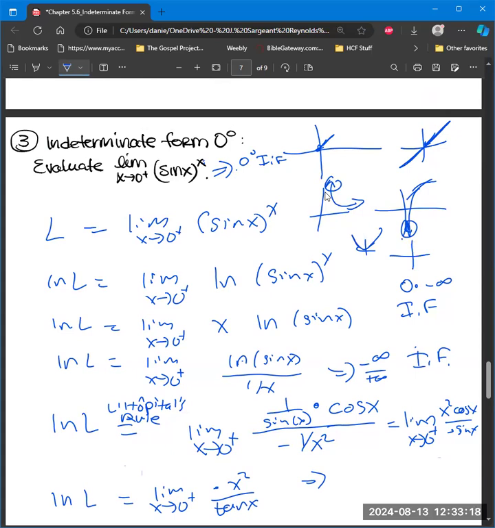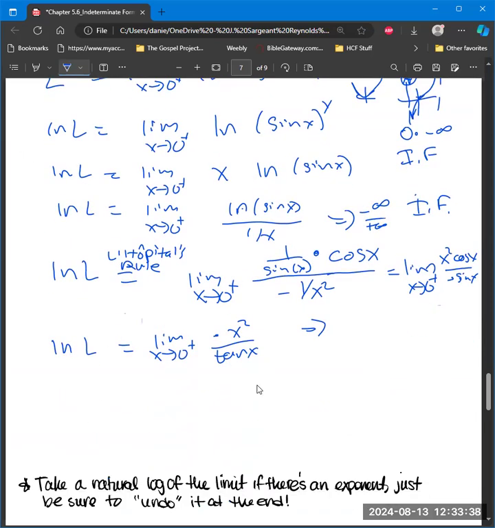Cotangent, I'm sorry, not cotangent, tangent, as I come from the right approaches 0 as well. That's why I went ahead and rewrote this as a tangent. So this approaches 0 over 0, which is an indeterminate form that lets me use L'Hopital's rule.